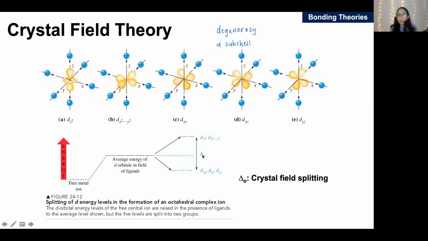This crystal field splitting is very important because it has consequence in how the electrons of your central metal ion will orient themselves once your ligands interact with the central metal ion.